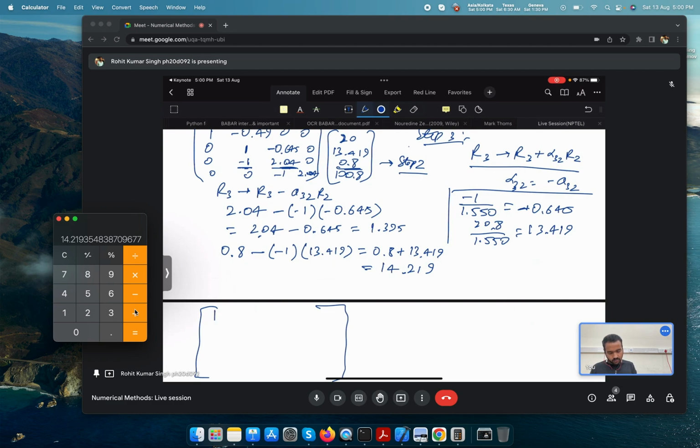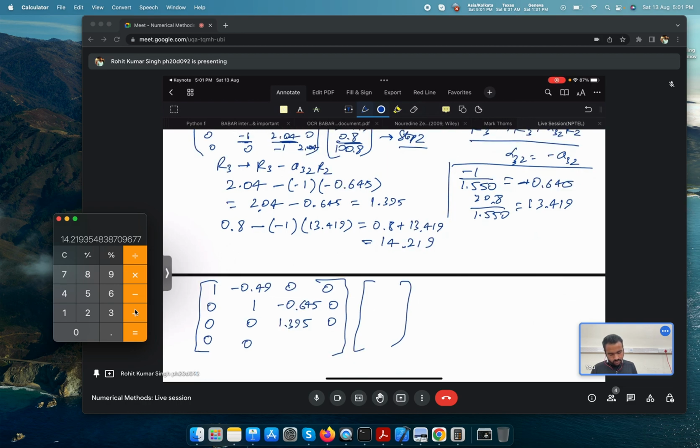Okay, 1 minus 0, 0 0 0 1, 0 0. This is 0, this will be 0, and this one is 1.395, this one is 0, and the row below is just the same, 0 0 minus 1 2 4.